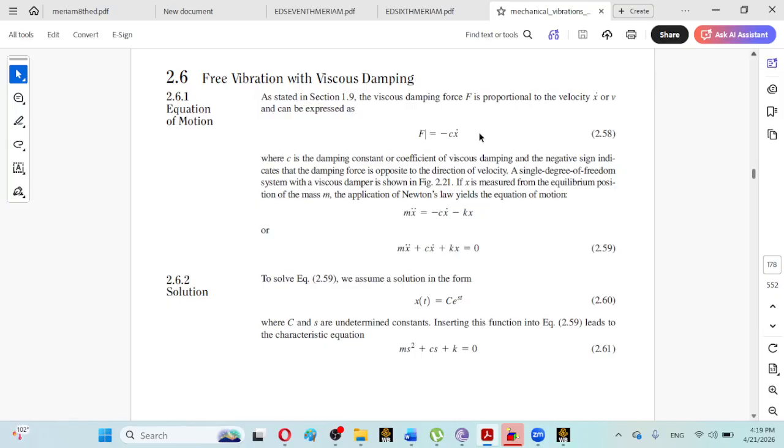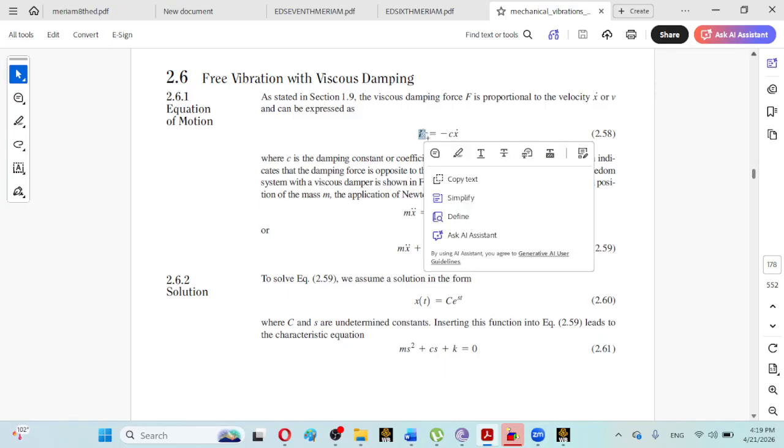This is the oral statement for this equation: the damping force, which the author has shown using simply capital letter F, is directly proportional to the damping velocity x dot and is directed towards the equilibrium position O, or reference position.